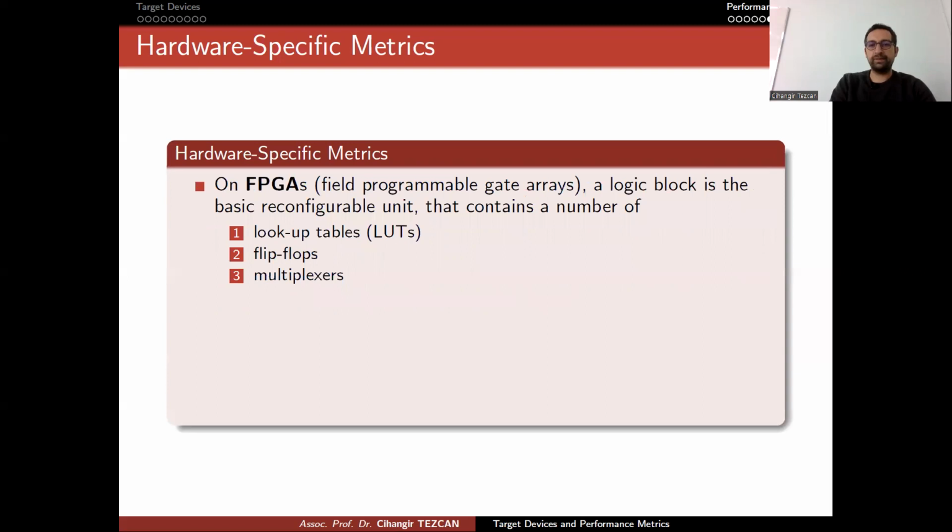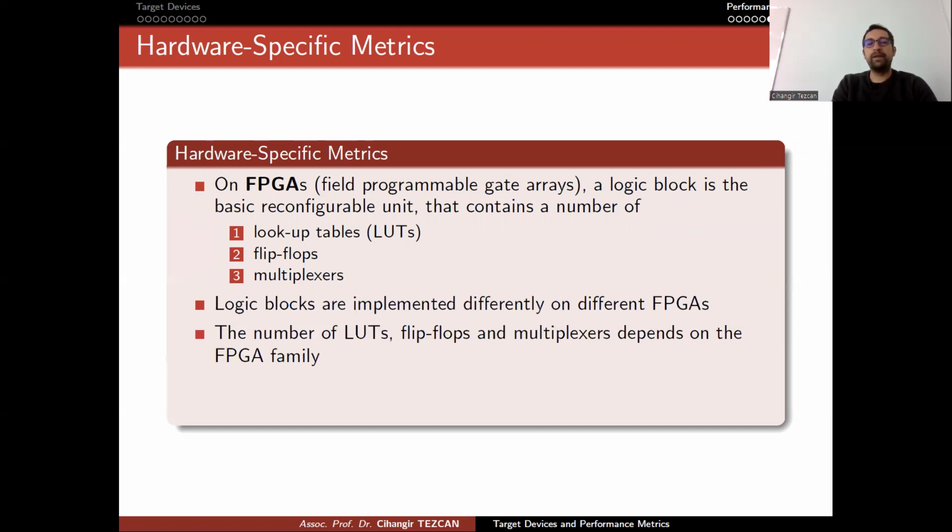So on FPGAs, a logic block is the basic reconfigurable unit that contains a number of lookup tables, LUTs, flip-flops, and multiplexers. And logic blocks are implemented differently on different FPGAs. The number of LUTs, flip-flops, and multiplexers depends on the FPGA family. So this is also one of the problems.